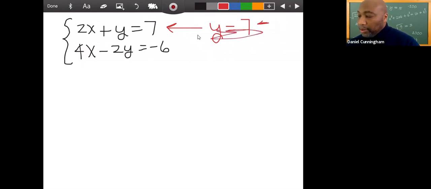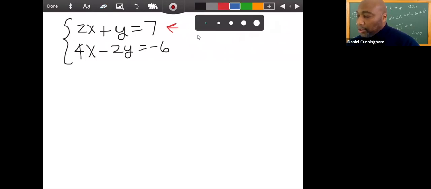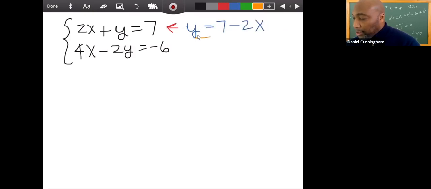So that's what y is equal to, 7 minus 2x. Let me write that a little clearer for you. I'm going to write it in blue so we can see that. So y is equal to 7 minus 2x. I'm going to substitute this equation into the second one. So the one you rewrite, you substitute into the other one.